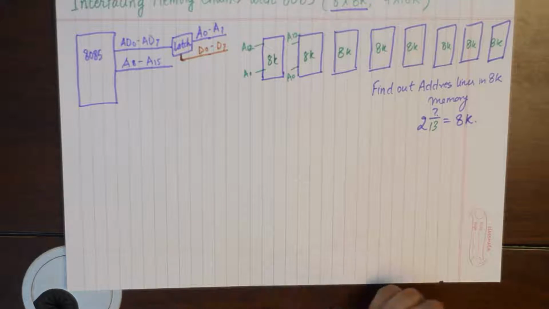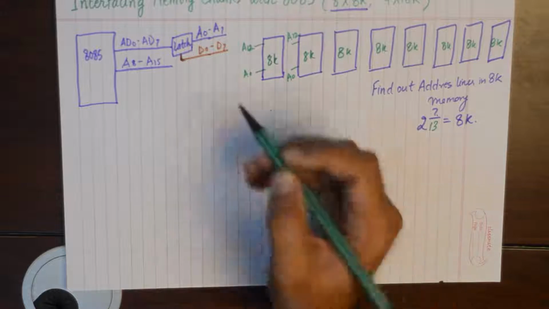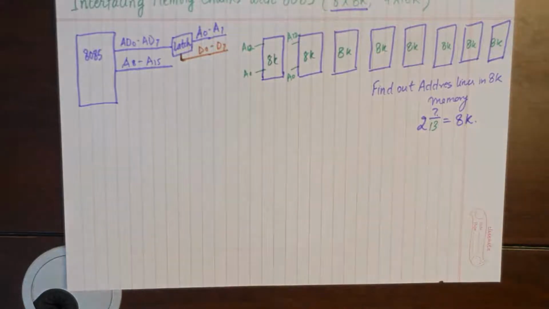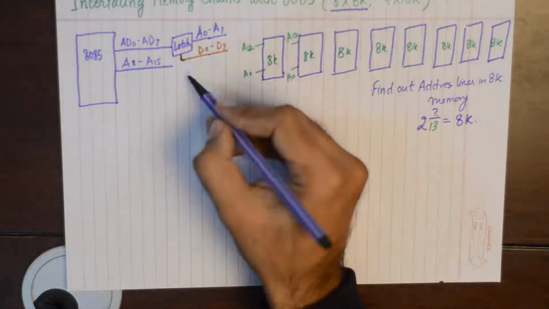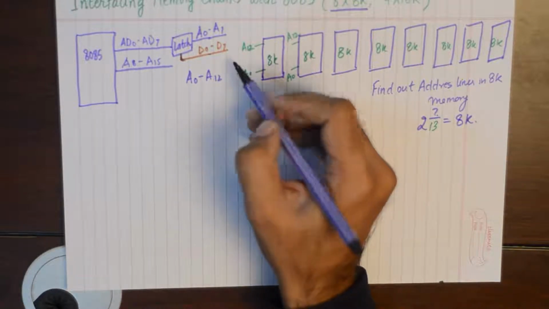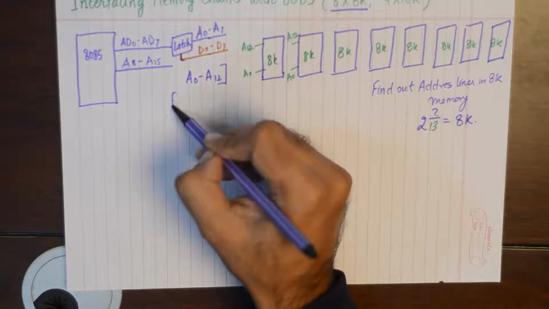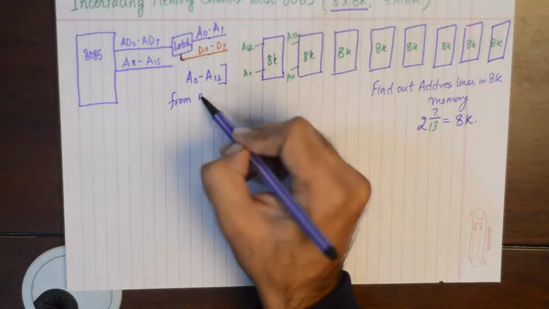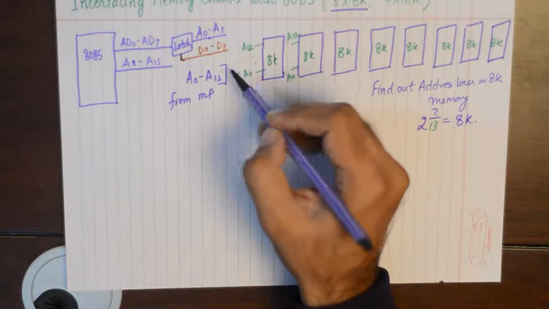They will have 13 address lines from A0 to A12. Now what we need to do is assign A0 to A12 from the microprocessor to these address lines.